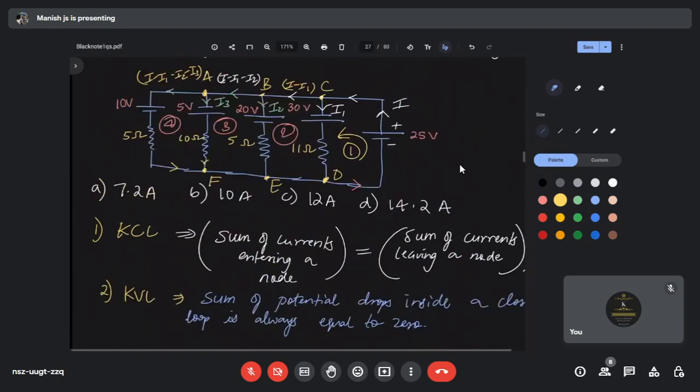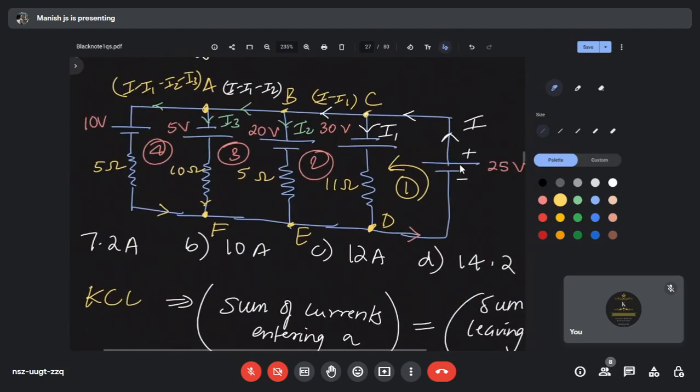அதே மாதிரி ஒவ்வொரு லூப்புக்கும் அப்ளை பண்ணி நீங்க அந்த கரஸ்பாண்டிங் கரண்ட்ஸ் வந்து கண்டுபிடிச்சிருங்க. சரியா? So can you quickly do it for the second loop, third loop and the fourth loop as well? I am showing it on the screen. இது ட்ரை பண்ணுங்க. Okay. Apply it for the second loop, third loop and the fourth loop. Tell me what is I2, tell me what is I3 and tell me what is the last loop oda current கூட சொல்லுங்க.